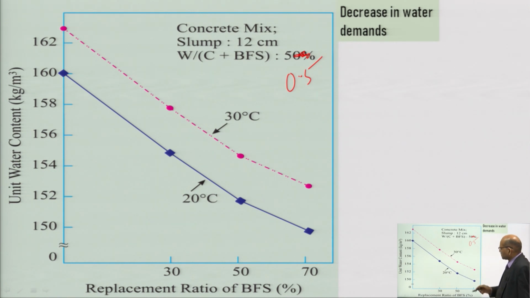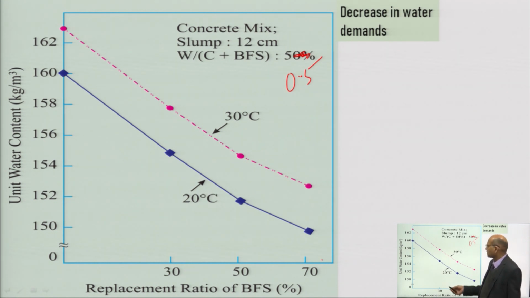For this particular case, they have taken two cases, one at 20 degrees centigrade, another at 30 degrees centigrade. So, what you are finding here is that the water requirement is reducing. Here replacement is 30%, 50% and 70%.